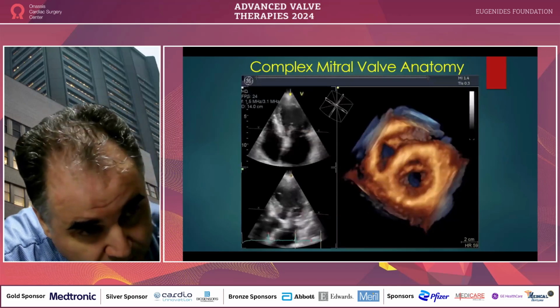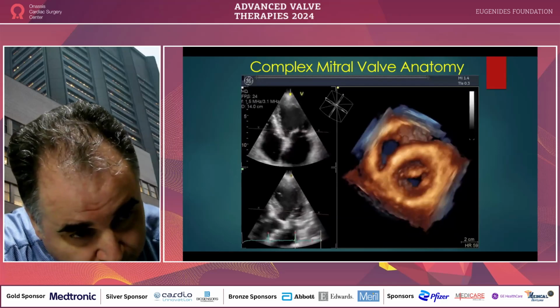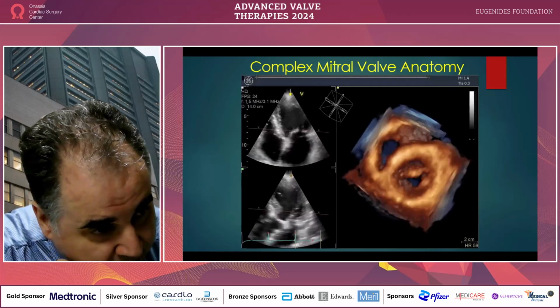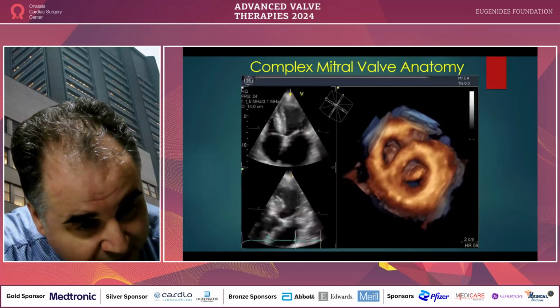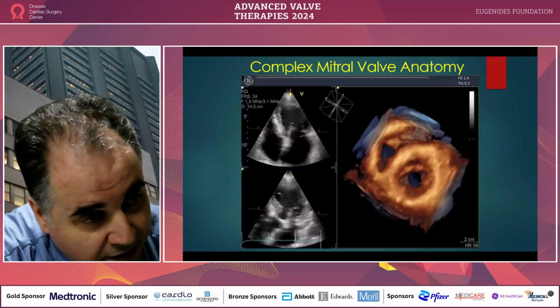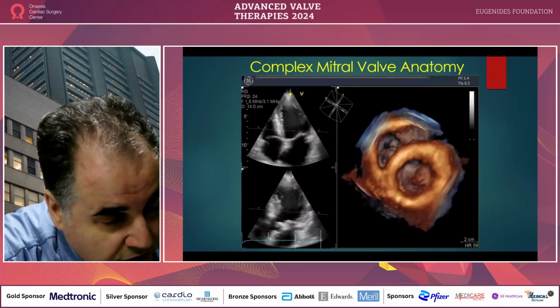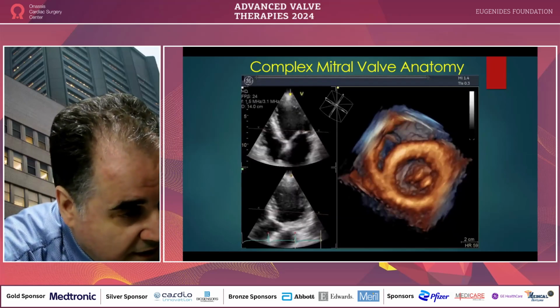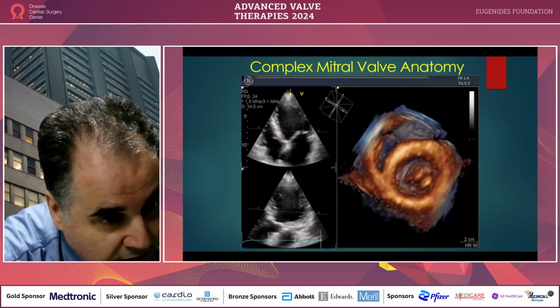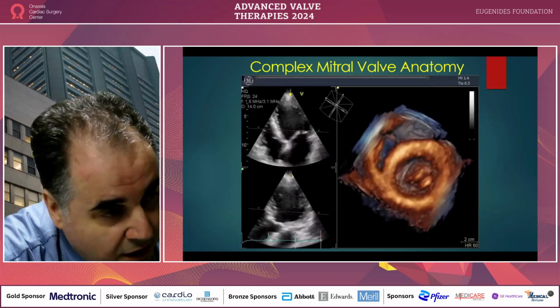As all the previous speakers alluded, what is the problem with treating mitral disease with transcatheter therapies? As all of you said before, it's very difficult because the mitral valve is really a different animal than the aortic valve.